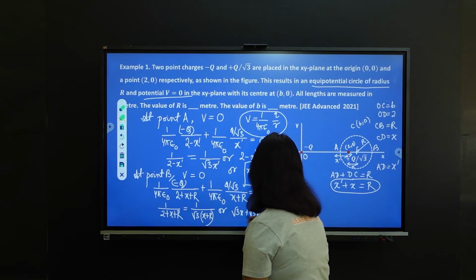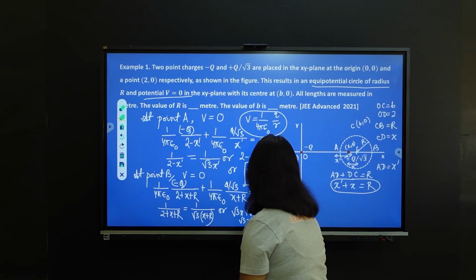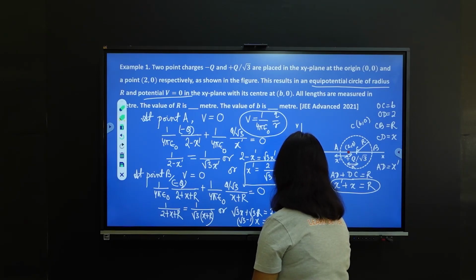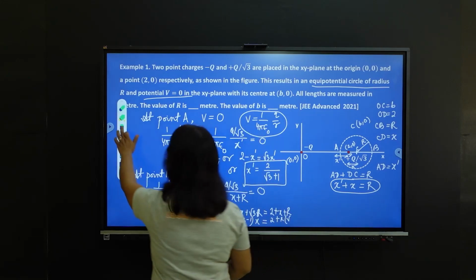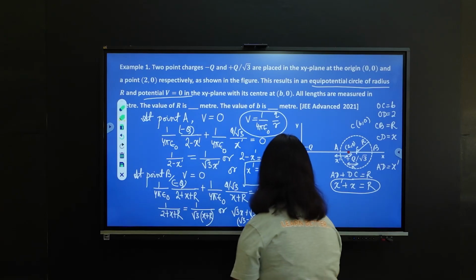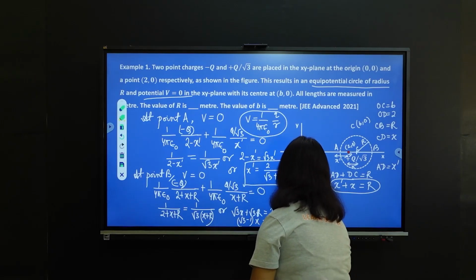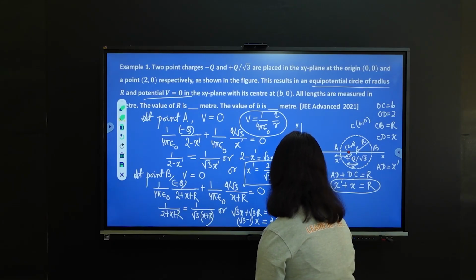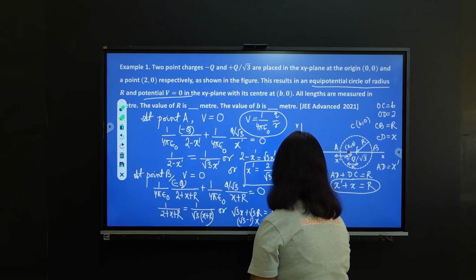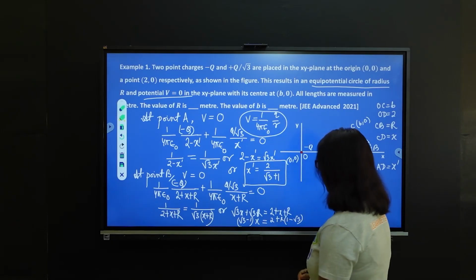So you can see here we have root 3 minus 1 whole times x is equal to 2 plus r times 1 minus root 3, the whole thing divided by, now we have this. So this is what we have here.